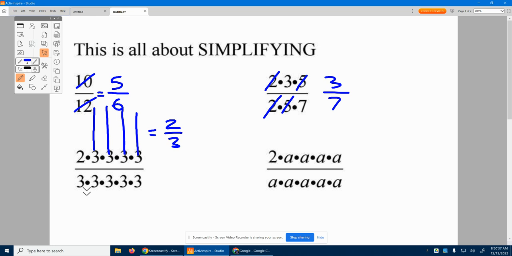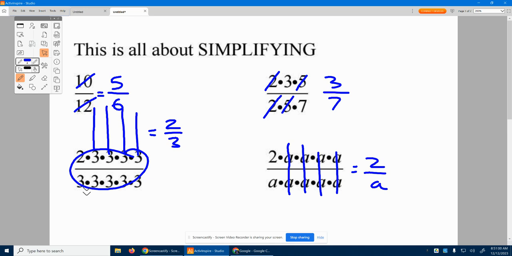So notice you have a 2 times A times A times A times A, all A's in the bottom, because A's are the same number. In this case right here, they were all 3's. If they were all A's, we would do the same thing because they're the same number, same number, same number, and so it simplifies to be 2 over A.